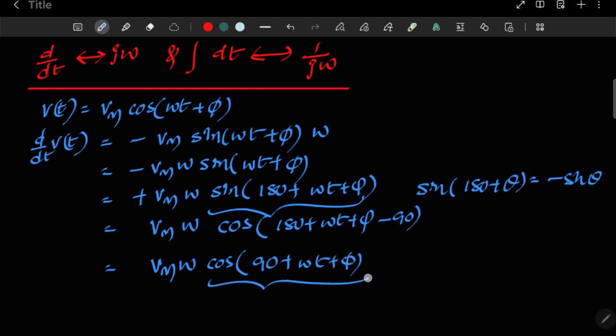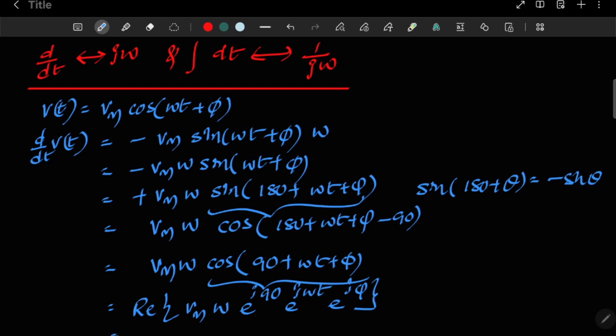So it is equal to Vm omega cosine of 90 plus omega t plus phi. Now it is in the form of a cosine function, so I can write this entire thing in the phasor domain. For that, I will take the real part of Vm omega e power j 90, e power j omega t, and e power j phi.